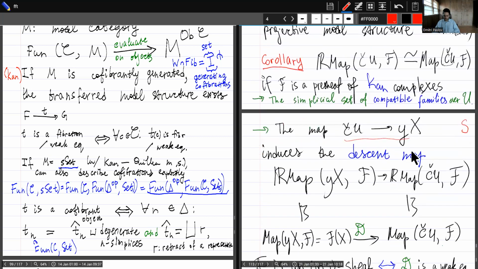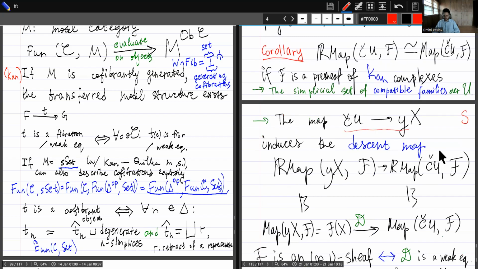Yeah, so the derived mapping spaces can be computed as the ordinary simplicial mapping sets, and by the enriched Yoneda lemma, the derived mapping simplicial set from the representable presheaf to F is simply going to be the same as the evaluation of F at X. So this is a simplicial set. This morphism is a map of simplicial sets.